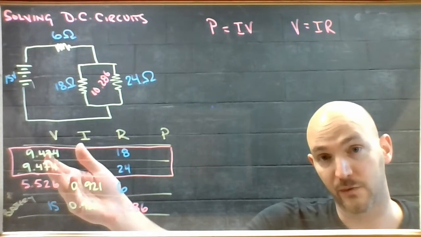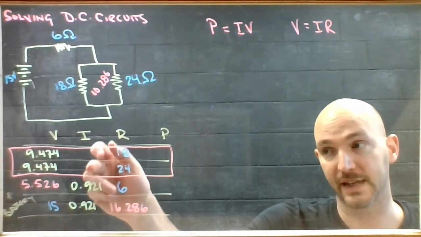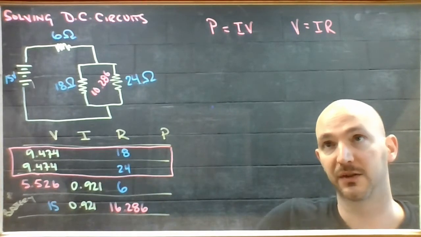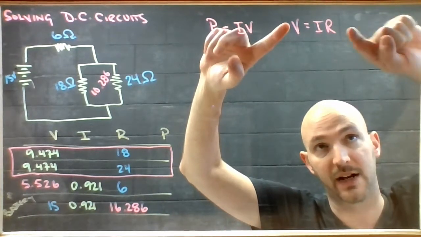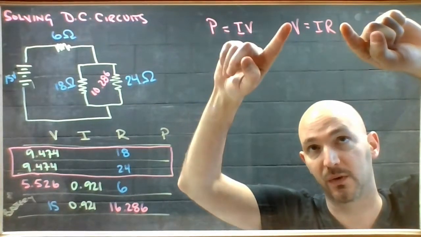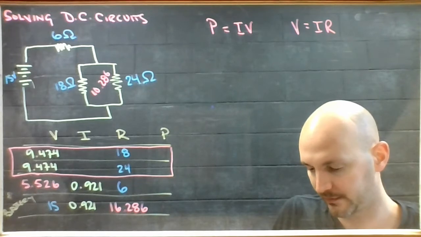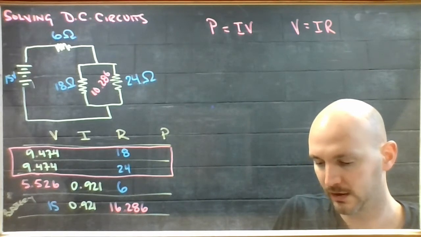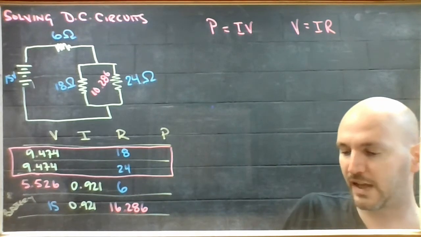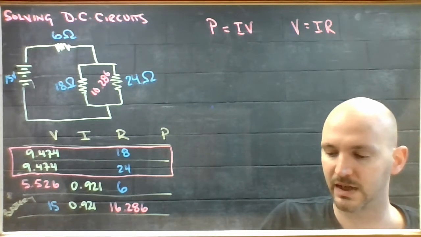Well, once I have voltages and resistances, I can calculate currents. So I'm going to take my voltage and divide it by my resistance. So 9.474 divided by 18 gives me 0.526 amps.